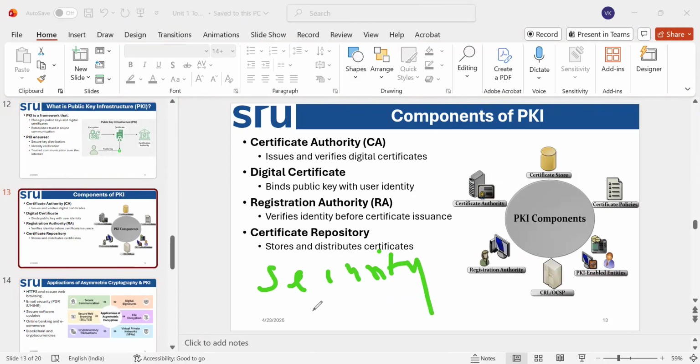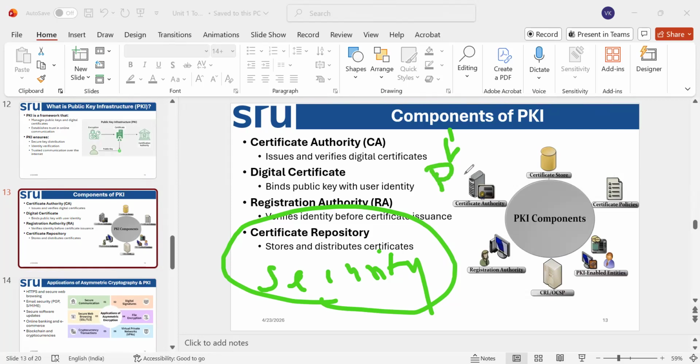It comprises hardware, software, policies, and procedures designed to manage digital certificates and public key encryption.